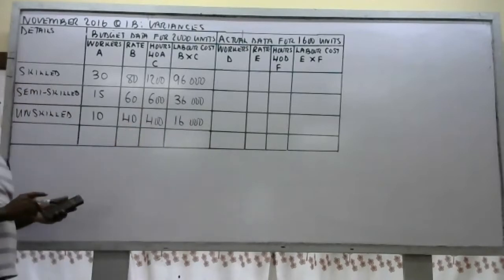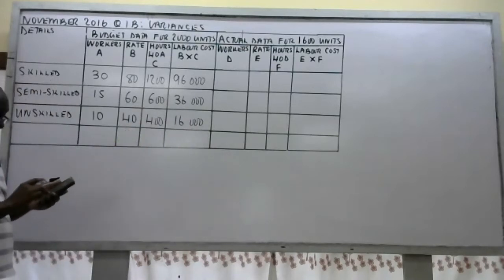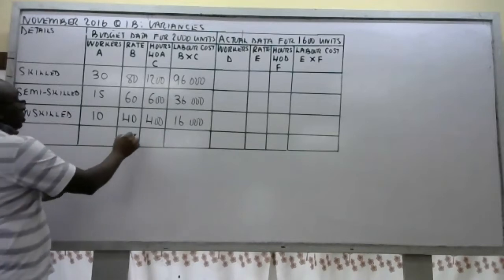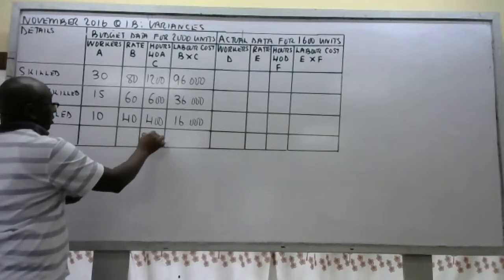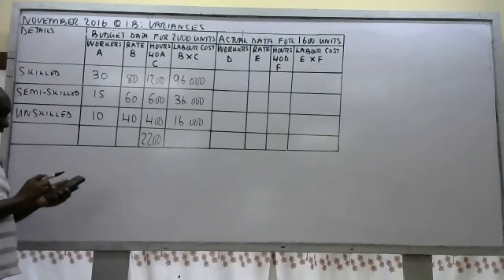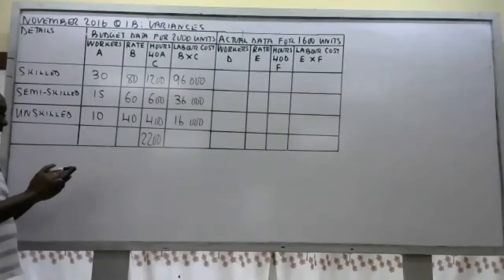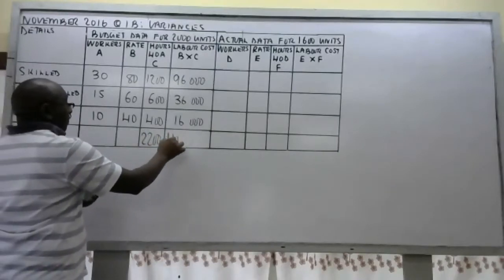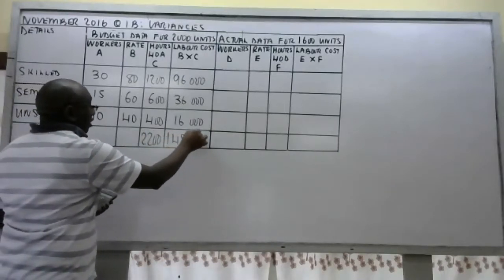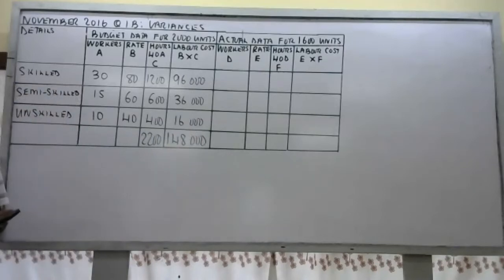So you require the total hours. So total hours, it is 1,200 plus 600 plus 400, that gives you 2,200 hours. 96 plus 36 plus 16 is 148,000.